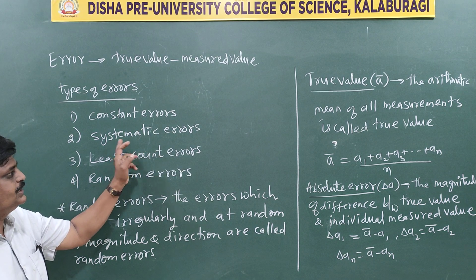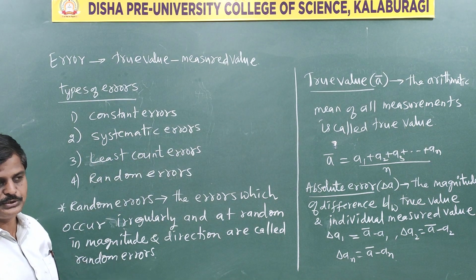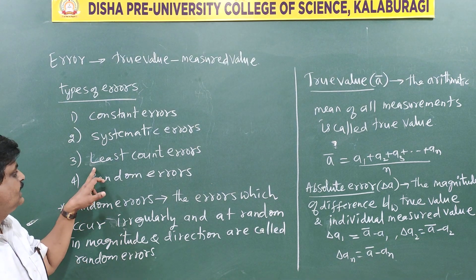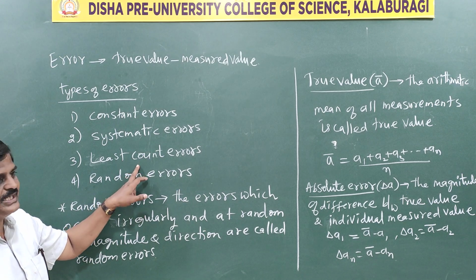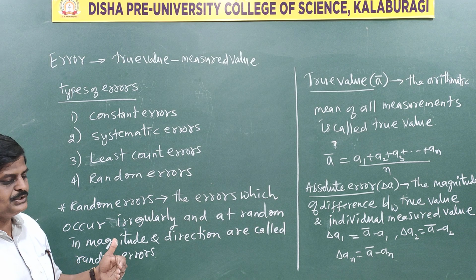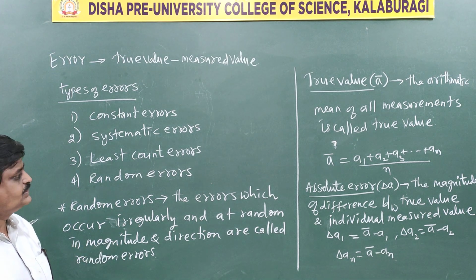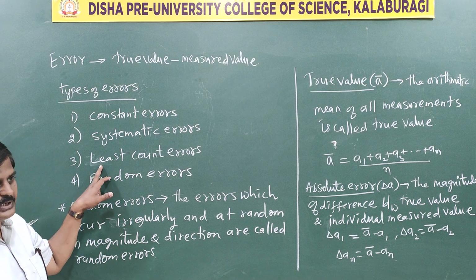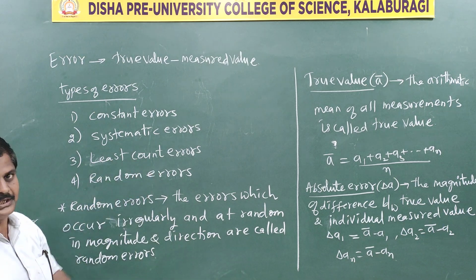So these are instrumental errors, and in this some personal errors are also included. Okay. Then the least count error. Every instrument has some least count. If you are selecting an instrument with a larger least count, then the precision will be a problem. So therefore this may also cause some errors while measuring. This is called least count error.